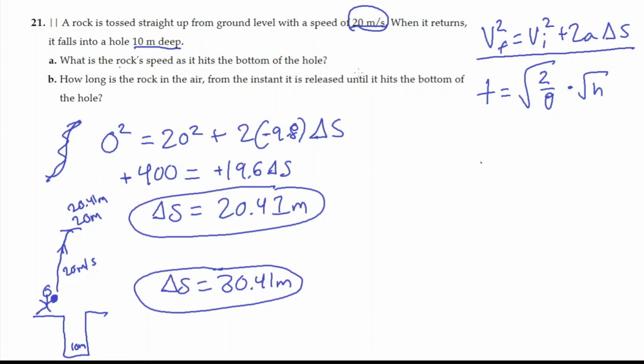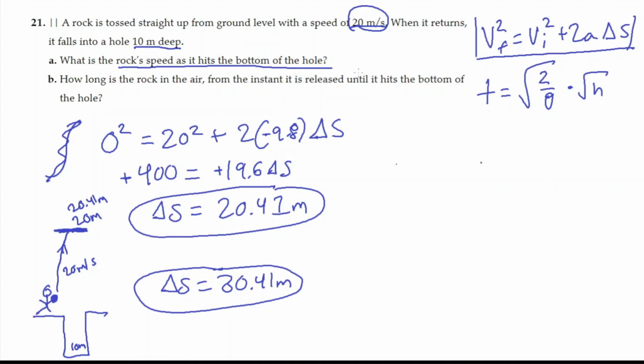So what is the rock's speed as it hits the bottom of the hole? To do that, we're going to use the first equation right here, in which we know the initial velocity is going to be 0, because when it gets to this peak point up here, the rock is now in free fall. It's going to go straight down, starting at a velocity of 0, because when it peaks, the velocity, a tangent line on a graph, is 0.